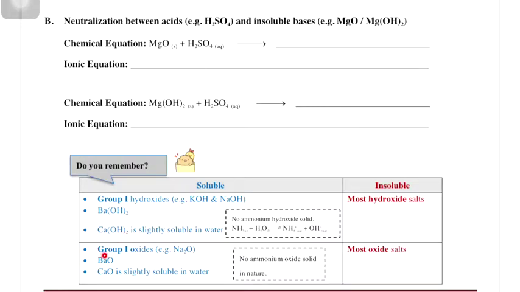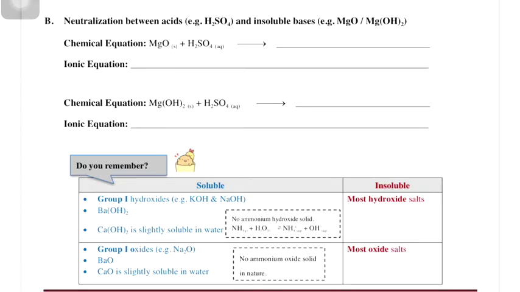Group 1 oxides are soluble, and calcium oxide is again slightly soluble in water. Also, barium hydroxide is soluble, and barium oxide is soluble. For the rest of the cases, they are all insoluble compounds. So the second type is acid with insoluble bases.